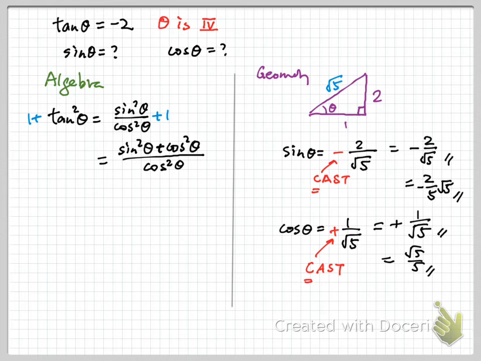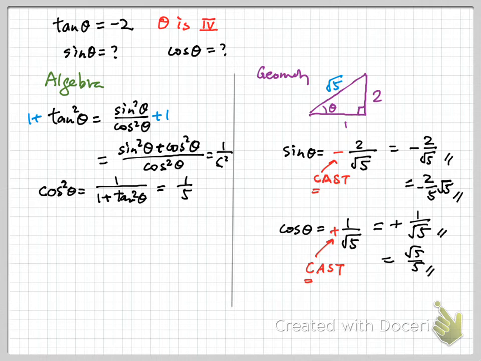We can take the common denominator, and that is 1 over cosine square theta. Which means that cosine square theta is 1 divided by 1 plus tangent square theta. Now, tangent square theta is 4, so this is 1 over 5.